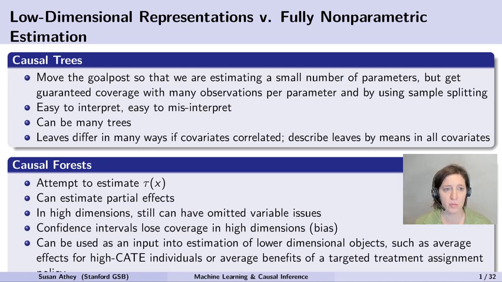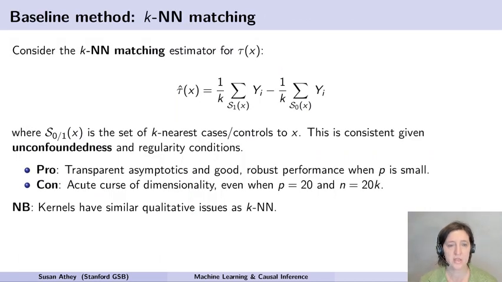or they can be an input into another type of estimation problem. So to get started, let's think about a baseline method for estimating flexibly tau of x, the conditional average treatment effect. A method that's been around for a long time is known as matching, or in the machine learning literature, it's often called KNN, where NN stands for nearest neighbors and K is the number of neighbors.